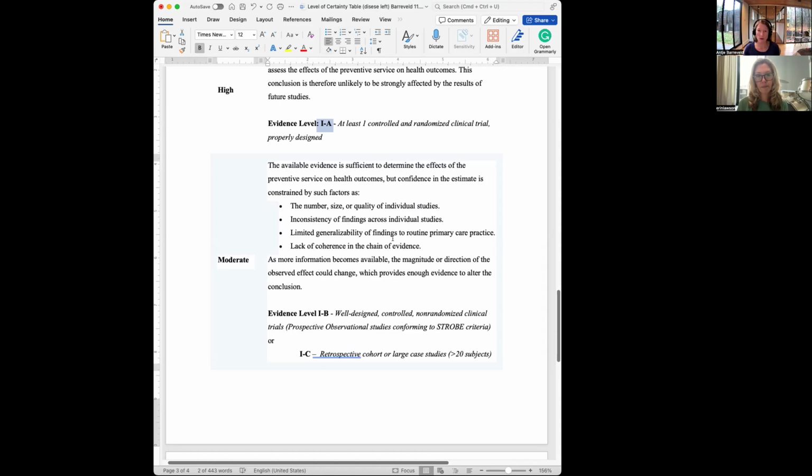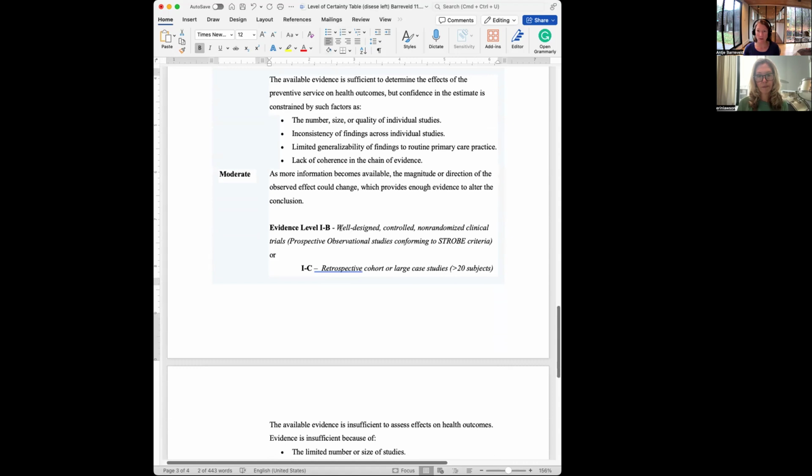However, we know that for B, there may be well-designed, controlled, but non-randomized clinical trials. So we may see some very large observational studies that, however, are not necessarily placebo-controlled. So that would fall into this moderate 1B.